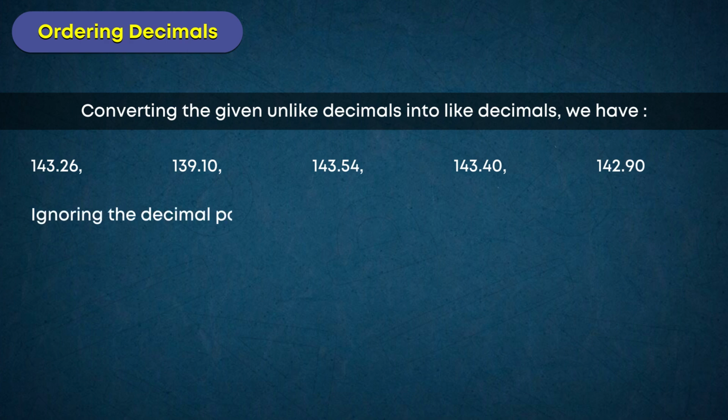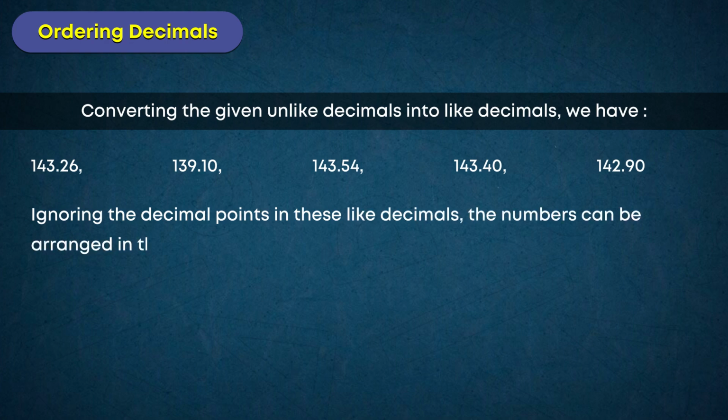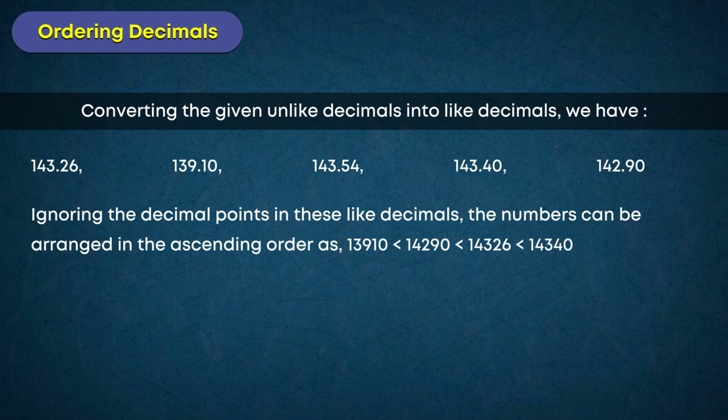Ignoring the decimal points in these like decimals, the numbers can be arranged in ascending order as 13910 is less than 14,290, is less than 14,326, is less than 14,340, is less than 14,354.